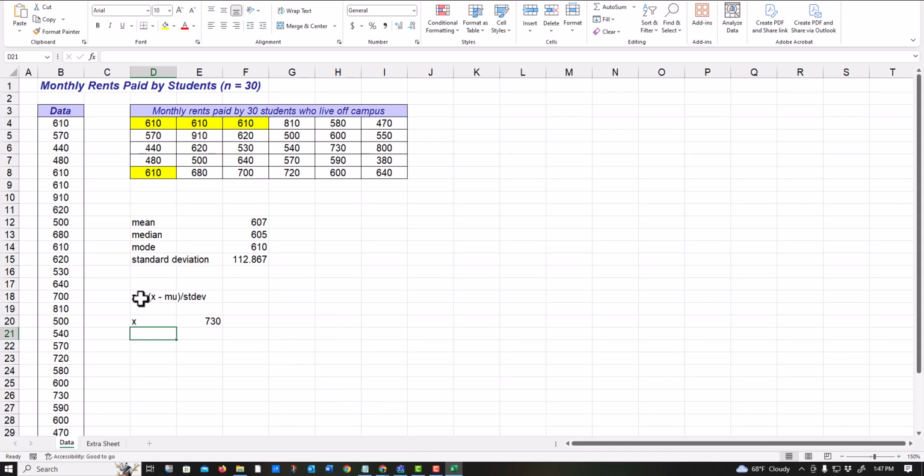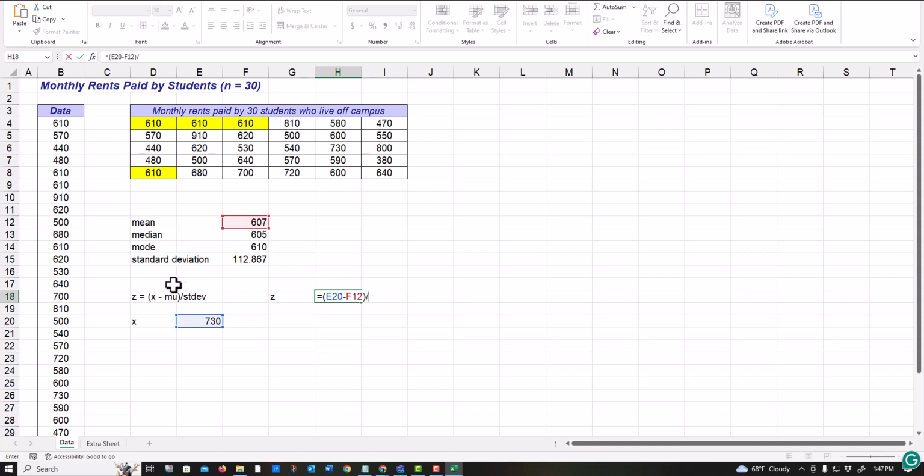From here, I can find the z value. So go to a blank cell, equals, open parentheses, x 730 minus mu, which is my mean, divided by my standard deviation. And I hit enter, and this would be rounded to 1.09.